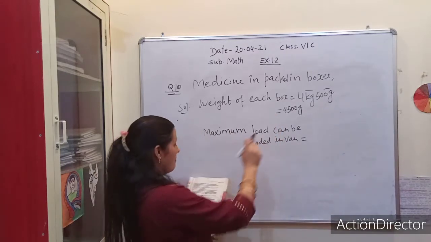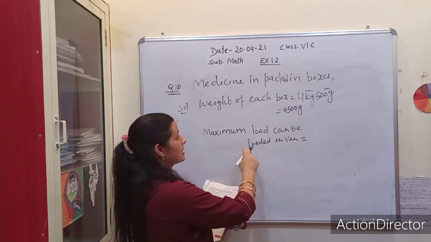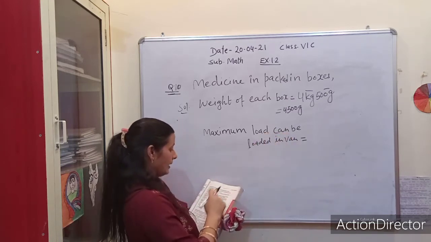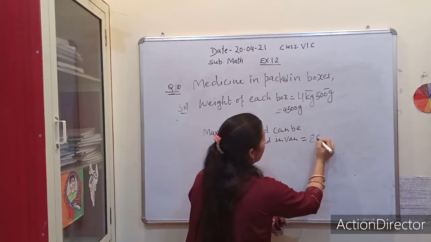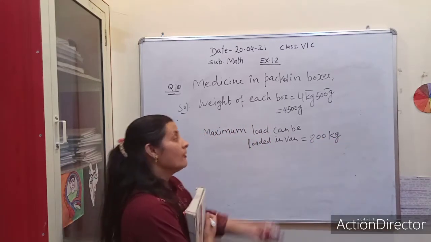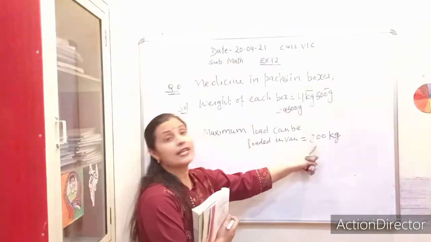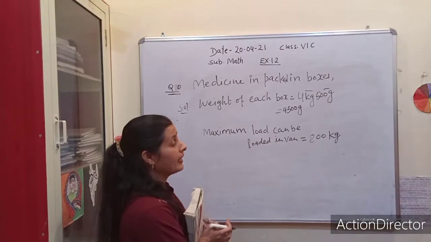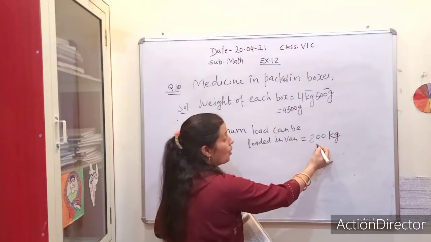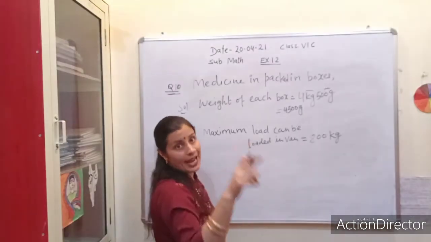Now I am rubbing this one part. Now maximum load. Maximum load that can be loaded in the van is given as 800 kg. It means the van cannot carry more than this load. So this is the maximum load that can be loaded in that van.